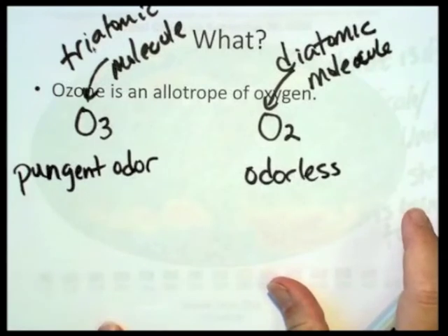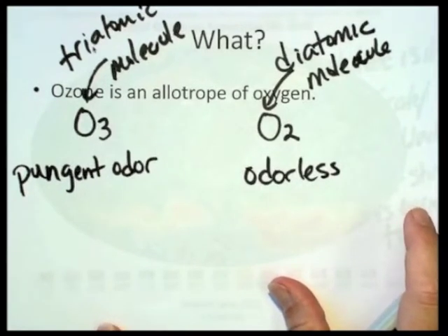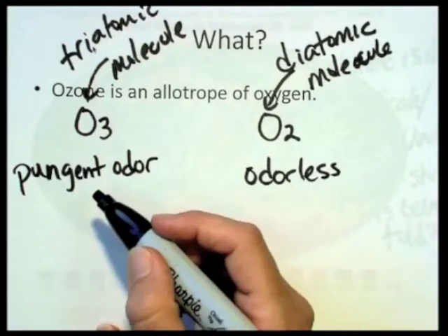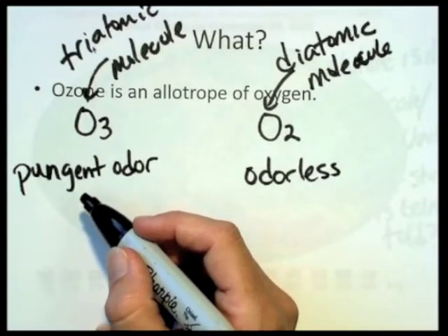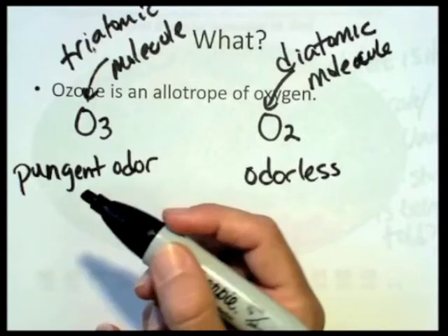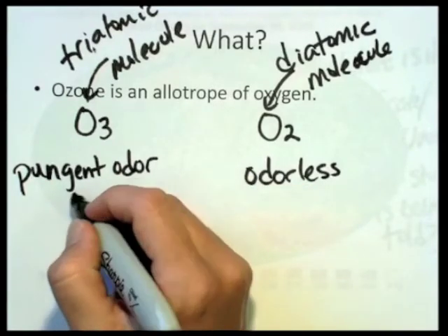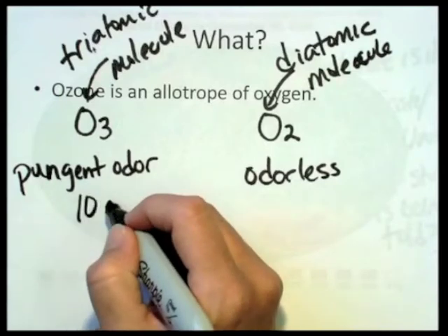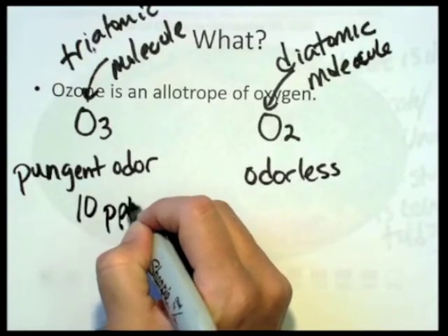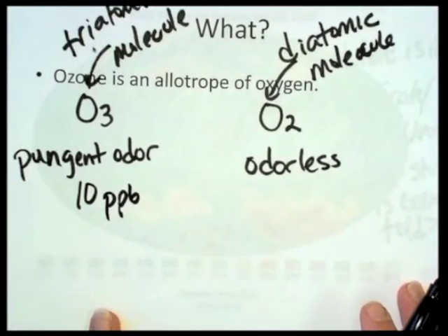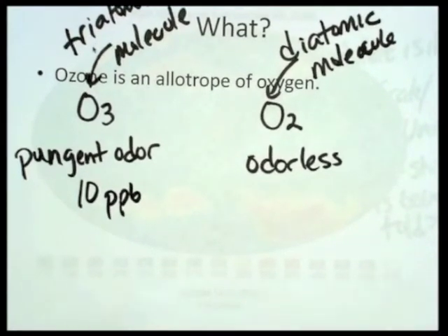If you've ever spent a lot of time around a laser printer, laser printers give off ozone, and it's that kind of sharp odor that's associated with a lot of printing. And a human nose can detect the presence of ozone at a level of 10 parts per billion. That's very, very low concentration, but our nose sensors are that sensitive to the smell of ozone.